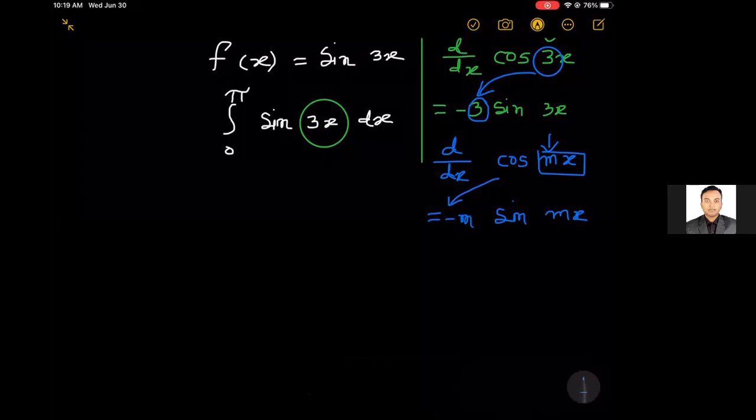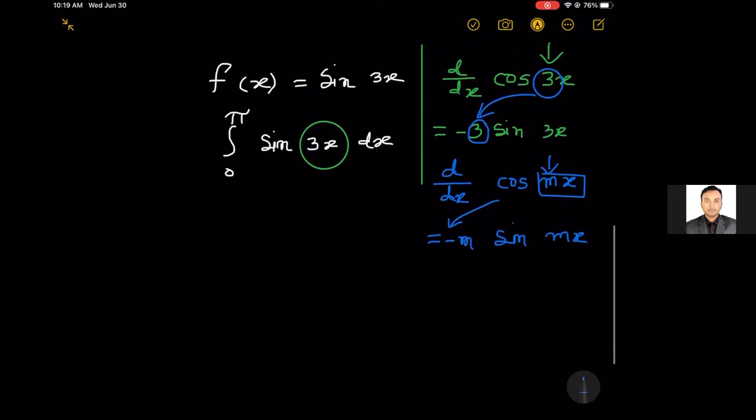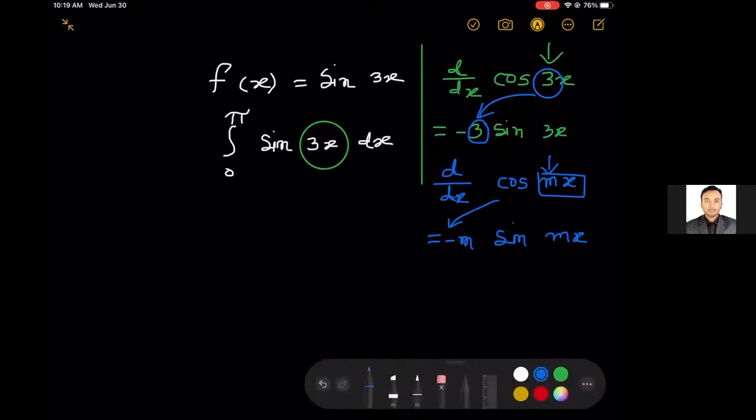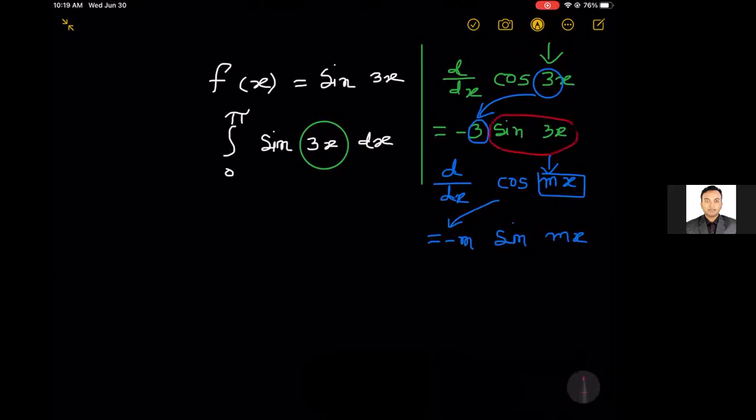So if I find the antiderivative of this, what would have happened? So let me start with this one. Can you see that this is exactly the same as this?